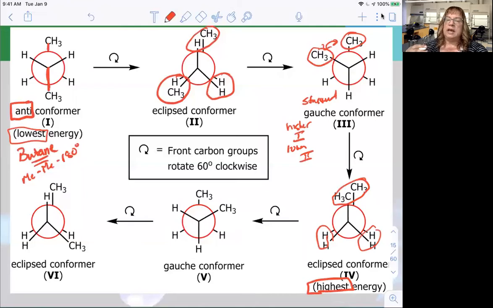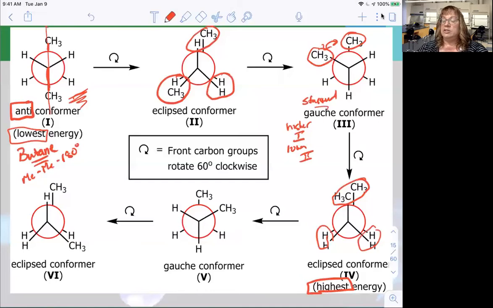Remember, staggered is lower energy than eclipsed. But within the eclipsing conformations, as I rotate bonds, I could have an eclipsing conformation that's higher or lower in energy from one another. The same thing with the staggered. Here I have the absolutely lowest energy staggered where those methyl groups are far away from each other.